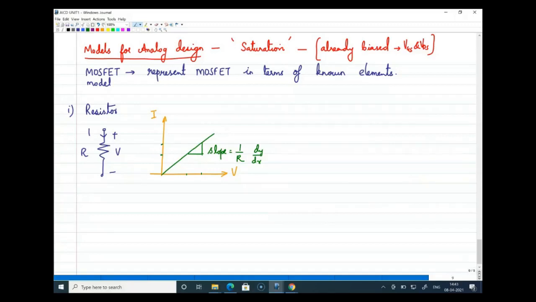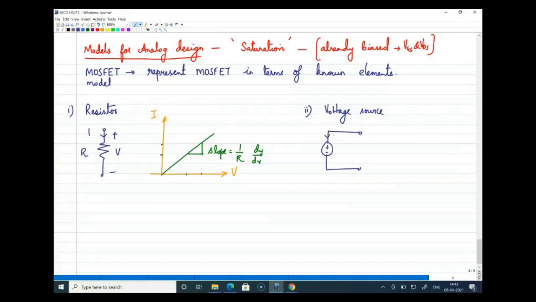Now, similarly, can you try drawing the characteristics of a voltage source? How will the characteristic of a voltage source look? I will consider that this is the voltage source.